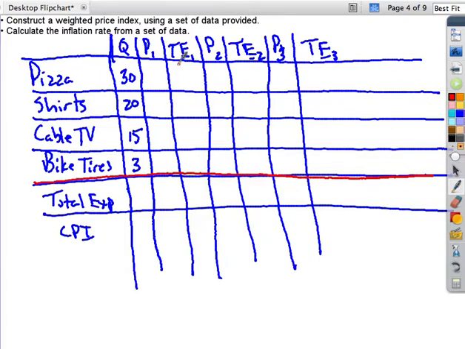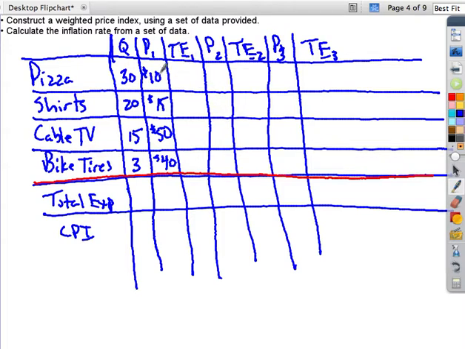All right. So let's say that the price, let's go back to blue. The price of a pizza, we'll say is 10 bucks. Let's say that a shirt costs 15 bucks. Cable television is 50. And bike tires, these are for road bikes, so they're $40.